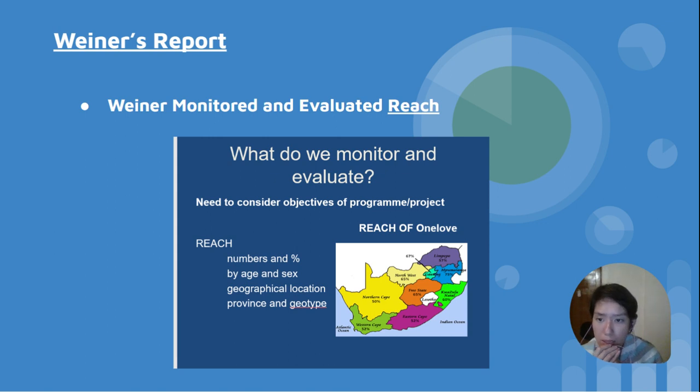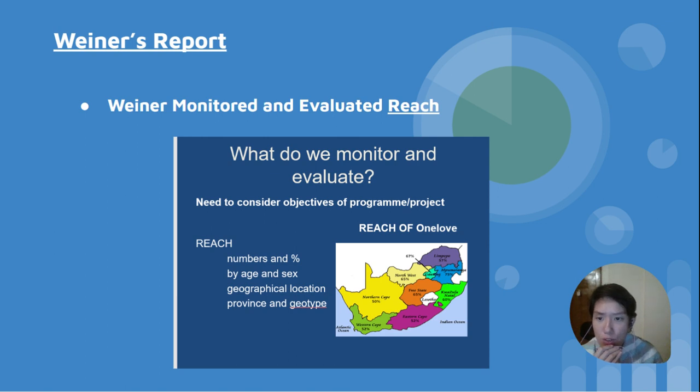Okay. Since our resource is Wiener's PowerPoint presentation, which are just the visuals, we unfortunately have no access to what she had to say alongside this. But let's analyze slides 13 to 15 of her presentation. She said, what do we monitor and evaluate? Well, in this slide, she particularly mentioned reach.